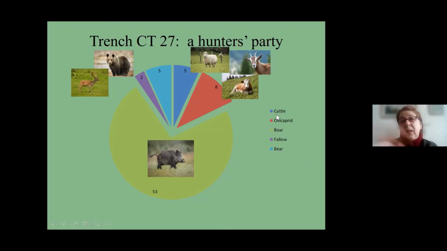And frankly speaking, I don't know if these sheep and goats and cattle are domestic or wild, because their bones were extremely fragmented and I couldn't judge it. But the vast majority belongs to wild pig, a little bit of fallow deer, only antlers, maybe it's not really important, and bear. Actually, the protagonists here are wild pig and bear.